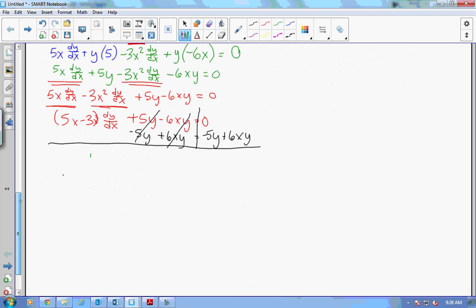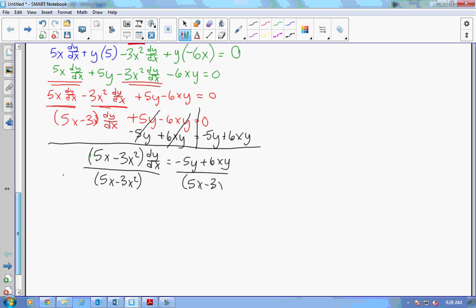Okay, so we have, in parentheses, (5x minus 3x squared) dy/dx equals negative 5y plus 6xy. And the last step would be to what? Divide by that binomial 5x minus 3x squared on both sides. Okay, cancel.